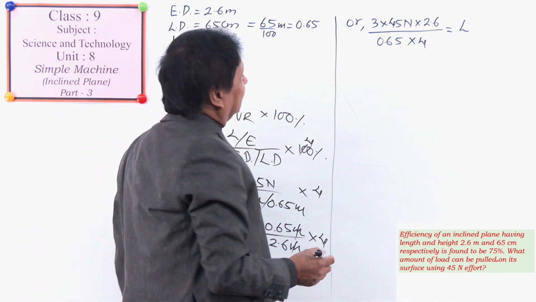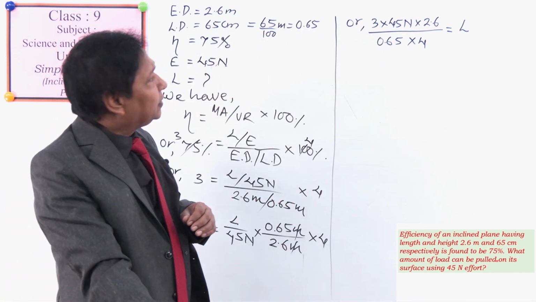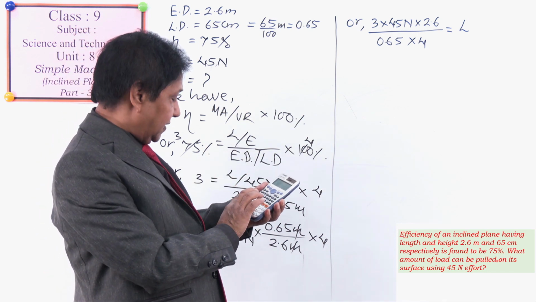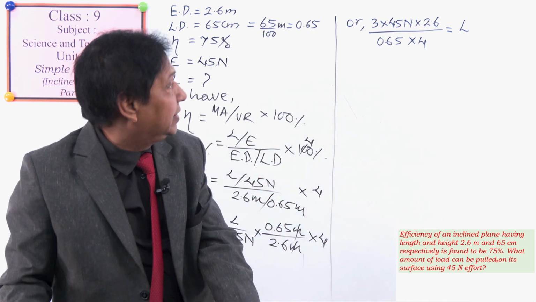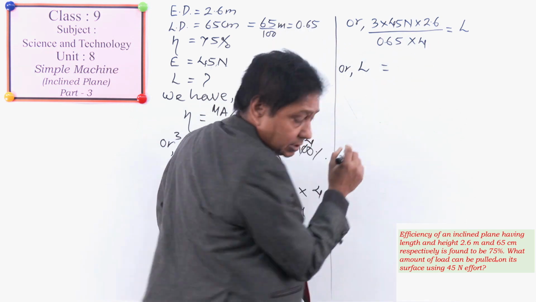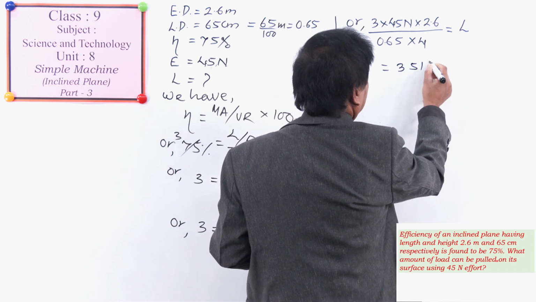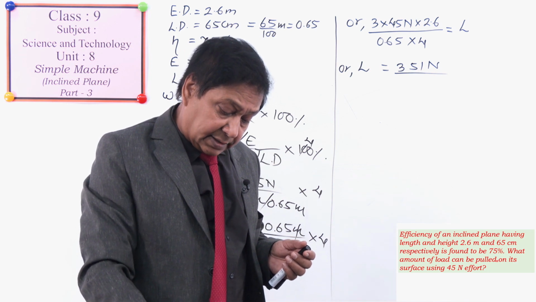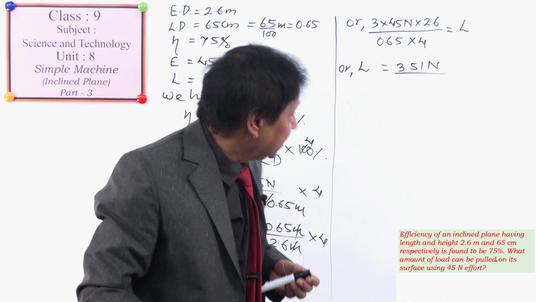Now we are using the calculator. We can use the calculator easily and we will get the answer. Okay, what we are doing now, we are multiplying 3 with 45 and again with 2.6. The result is 351, and I can write this load on one side. This is equal to 351 Newton divided by 0.65 into 4. 0.65 into 4 is equal to 2.6.